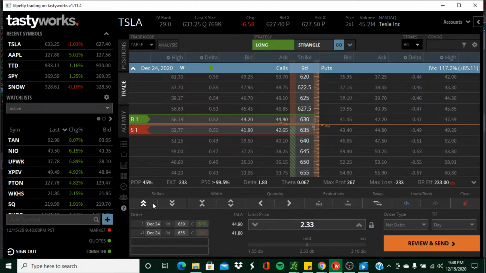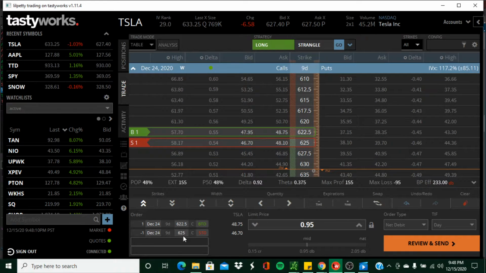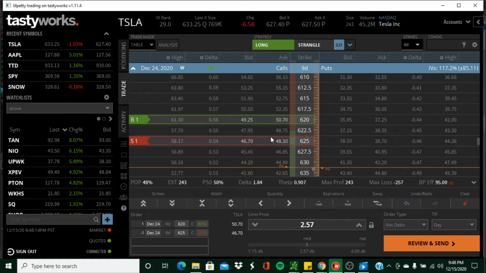Debit spreads. Now, you could actually buy a debit spread in the money. You could say, okay, we want to buy this 620 and this 625. It's probably going to fill you at about $2.60. So $260.